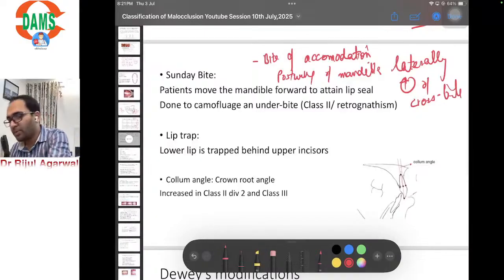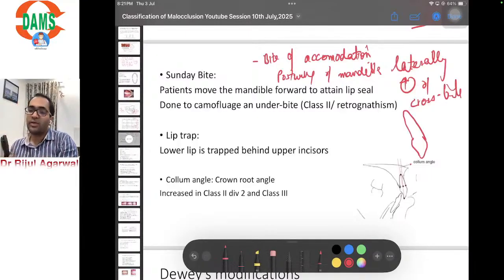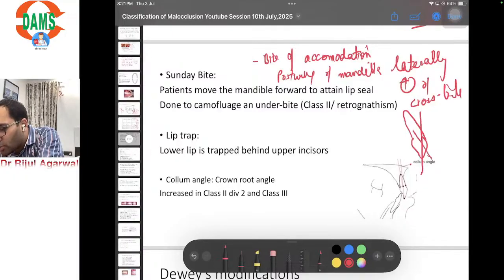Students, the root and the crown are not always parallel to each other or in a long line. Sometimes they are at an angulation with each other. When a line is drawn bisecting the crown portion and the root portion, they form an angle. This is known as column angle or the crown root angle.